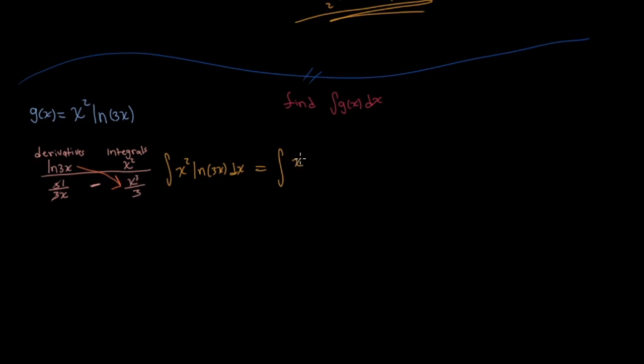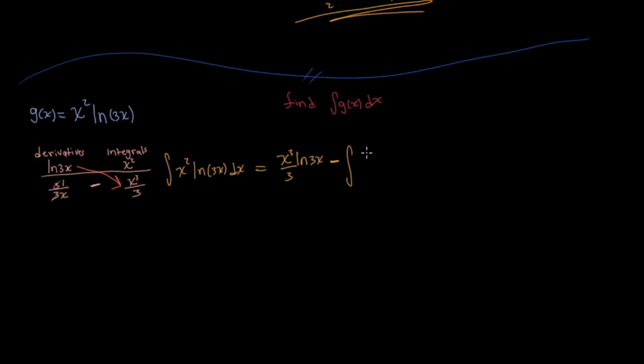So, x cubed over 3 times ln of 3x, minus the integral of x cubed over 3 times 1 over x.